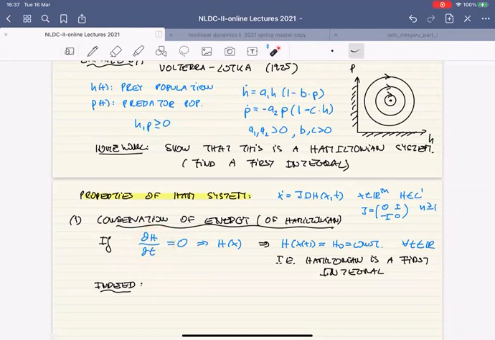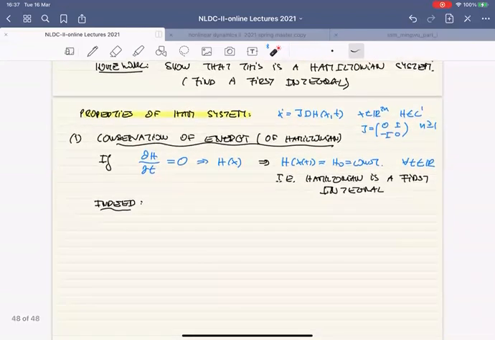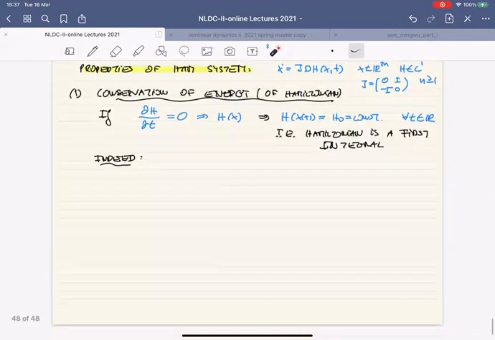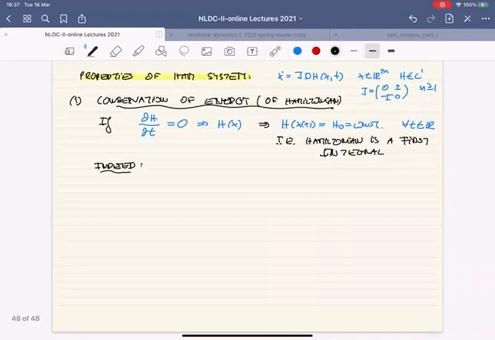The stream function will depend on time, and hence the value of the stream function will not be conserved along trajectories. Okay, but if you are, say, in a mechanics context where there's no time dependence in the potential, there's no time dependent external force, then this is satisfied. Then whatever you find from the Hamiltonian has to be the conserved quantity, as I claim. So let's see why this is true in general.